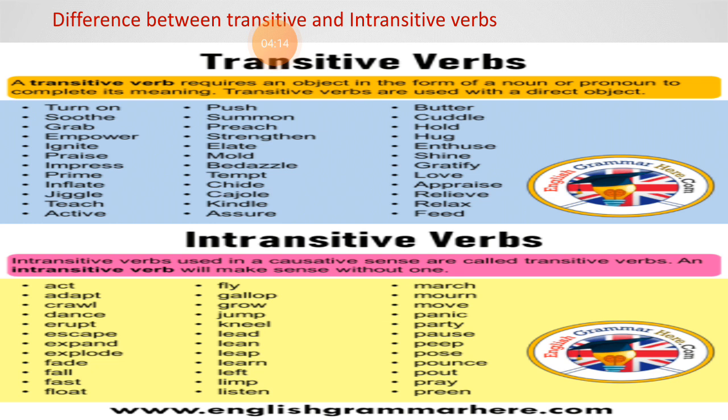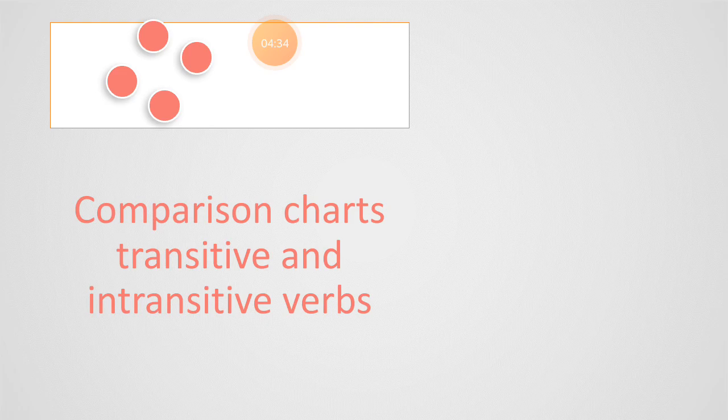Transitive verbs are used with a direct object. The different transitive verbs are listed here in this chart. And an intransitive verb will make sense without the direct object. Here are some intransitive verbs listed in front of you in this chart.